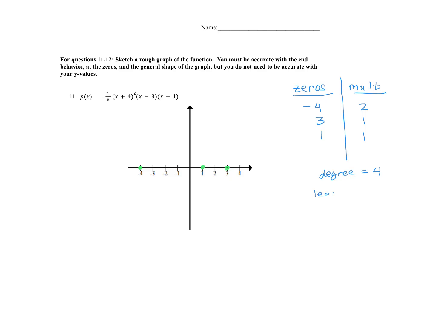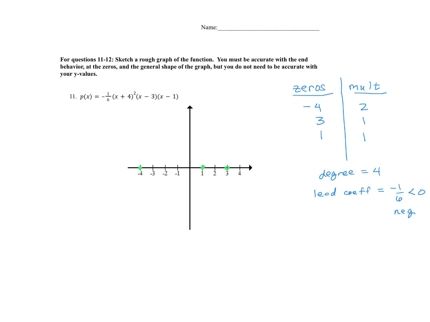And now the leading coefficient is a little harder to do, but still not impossible. You'll notice if I multiplied all this stuff out, I'd have a negative 1/6 in front of the x to the 4th, which is less than 0, which is negative. So I'm going to have a graph where it's going to start low and it's going to end low.